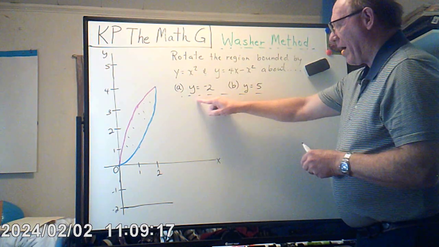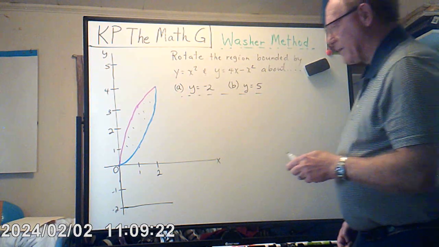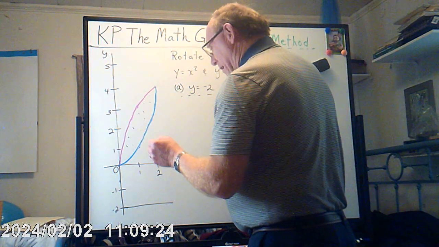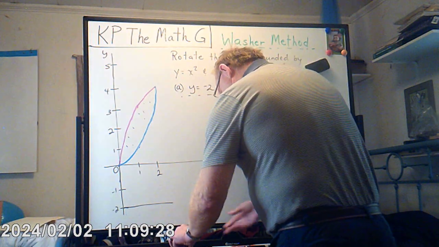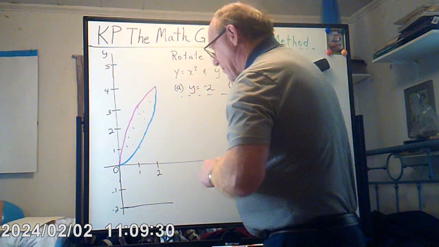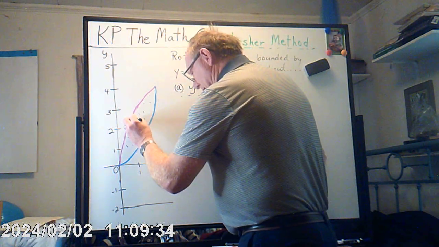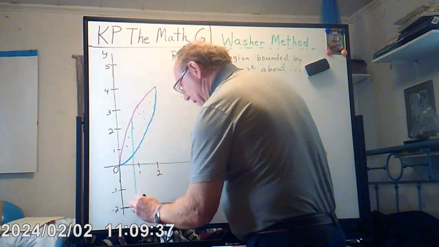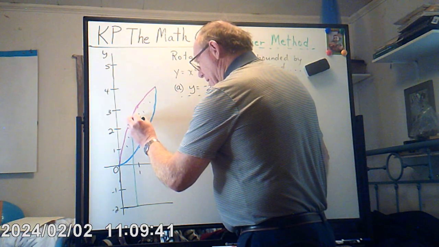Let's start with y equals -2. We're going to revolve this. Now remember, our interval, let's get a different color. Our interval is going to be anywhere but right here. We're going to just make it here. I hope you can see that green alright.